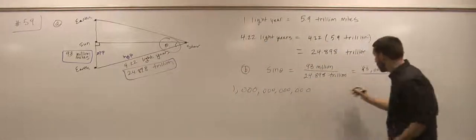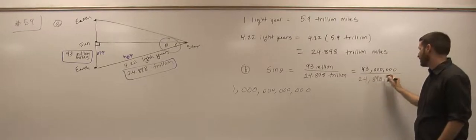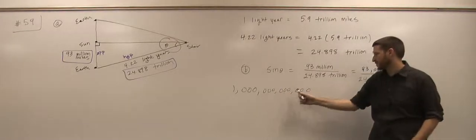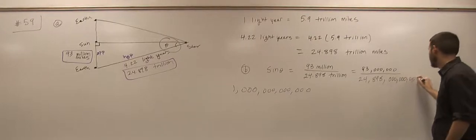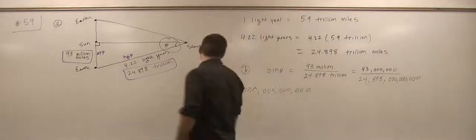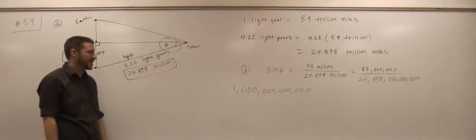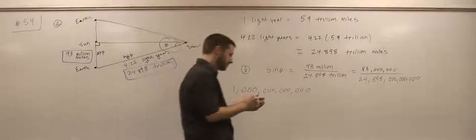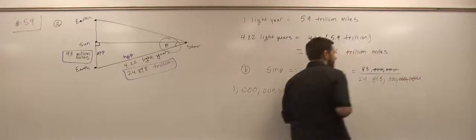So we need 24, and then 898, and then the zeros. Go back to 4th grade. If you haven't done it in a while, you actually have to divide this out, or these guys aren't going to matter.